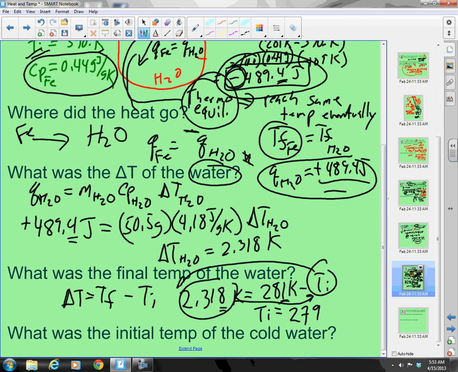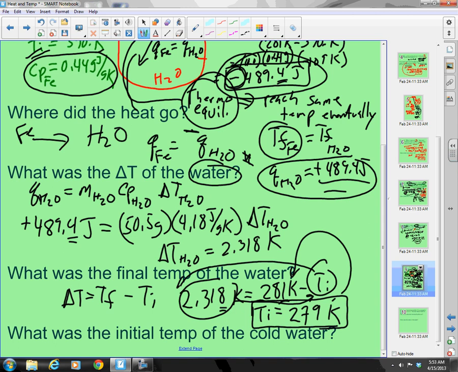Okay, cool. 279 Kelvin. So that means I started off with water at 279. I drop a hot piece of iron in it, and what do I expect to happen when I drop hot stuff in cool water? I expect my cool water to do what? Increase in temp. So it starts at 279 and it goes to 281.